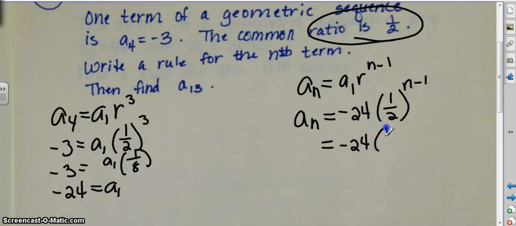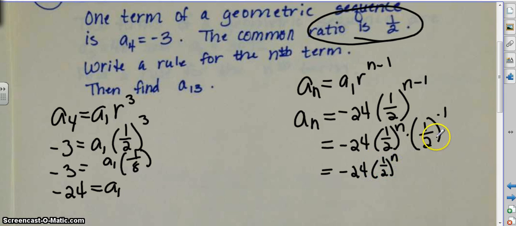Negative 24 times 1/2 to the n times 1/2 to the negative 1. One-half to the negative 1 is 2. So my formula for a sub n is that it's equal to negative 48 times 1/2 raised to the nth.